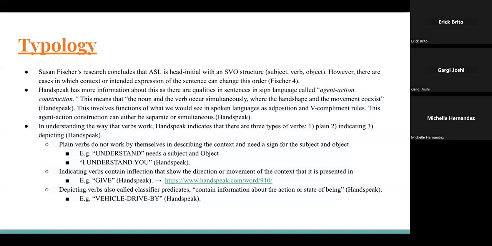With the word give, for example, you would need to inflect to indicate where this action is going towards or what the context is in general. And depicting verbs, also called classifier predicates, contain information about the action or state of being. For the example that we have, it's vehicle, drive by.